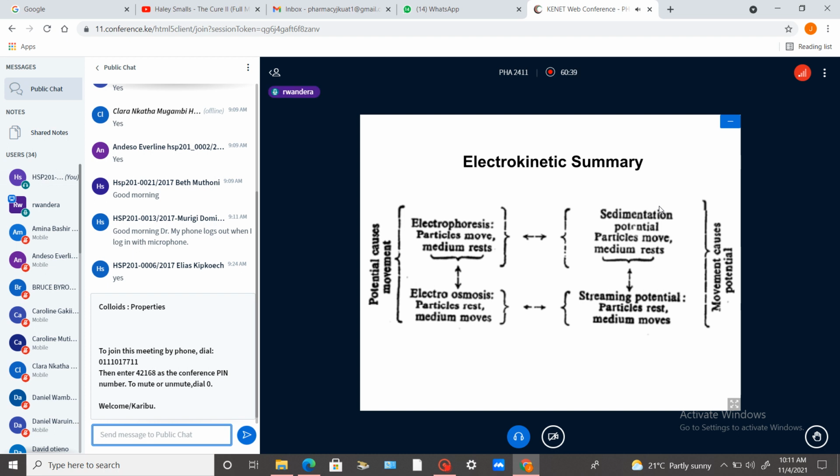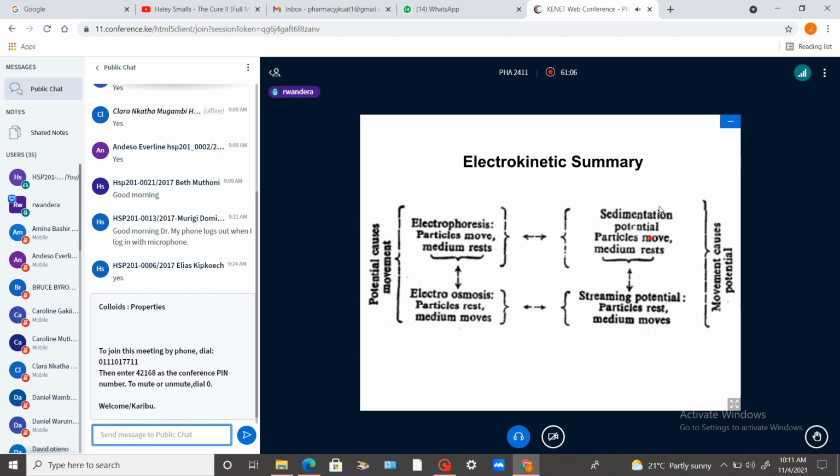So this is still a summary of the electrokinetic phenomena. In electrophoresis, the particle moves, the medium rests, whereas in electroosmosis the medium moves as a result of an applied potential difference. So it's the potential difference across the field that results in this movement.